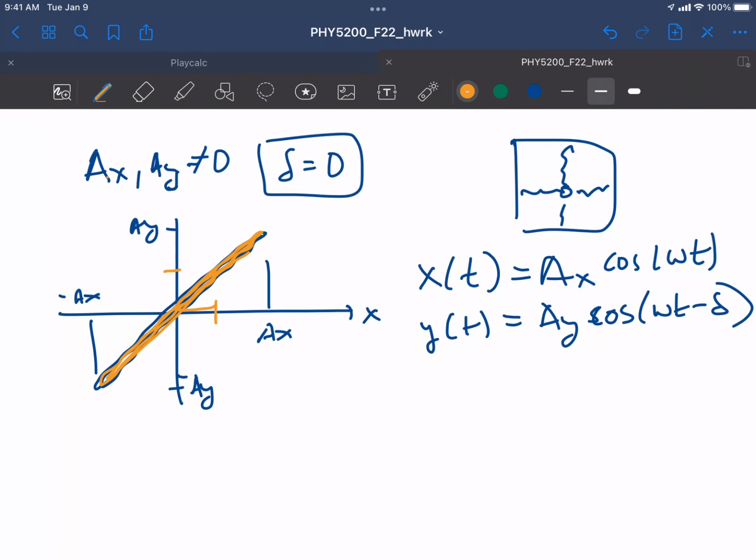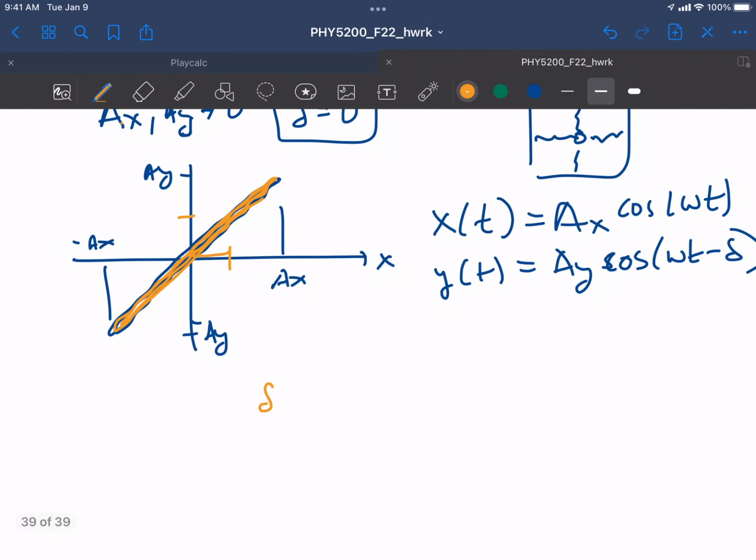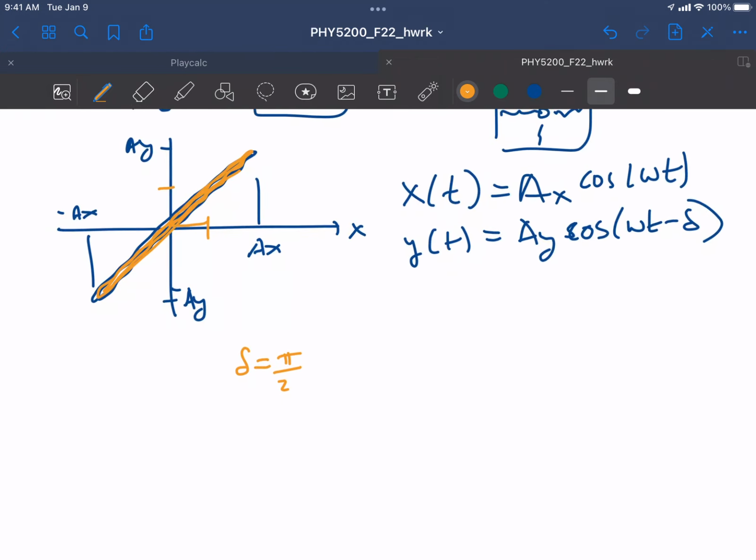That means that the x and y motion are completely in phase. They're synchronized, so to speak. The value of ax and the value of ay are the same. But delta doesn't have to be 0. There's other motions that exist and can be described perfectly well by these equations.